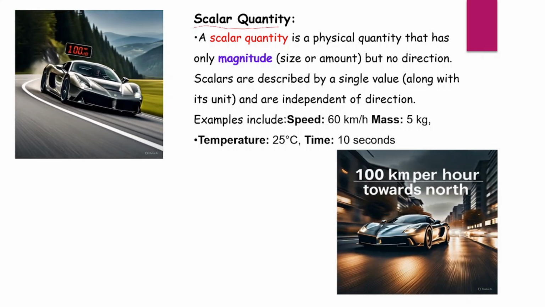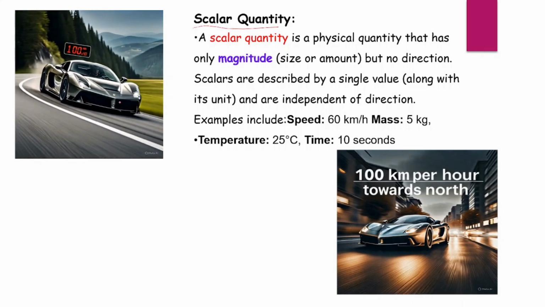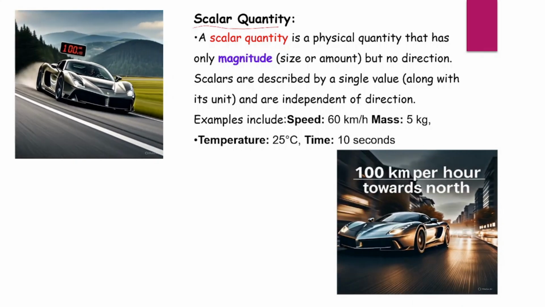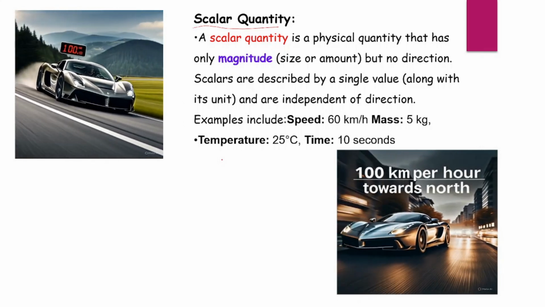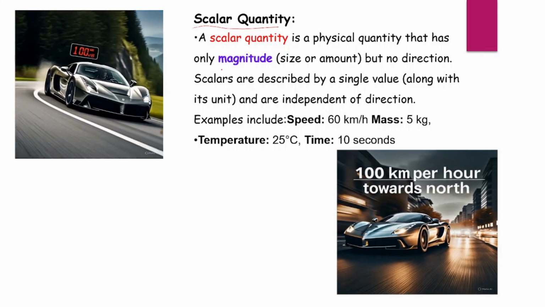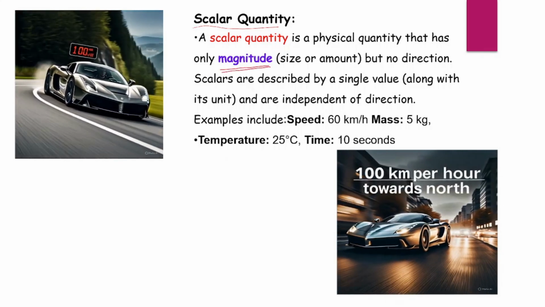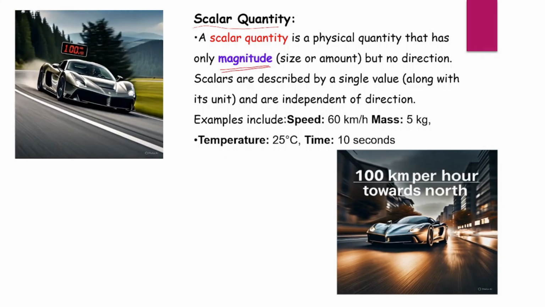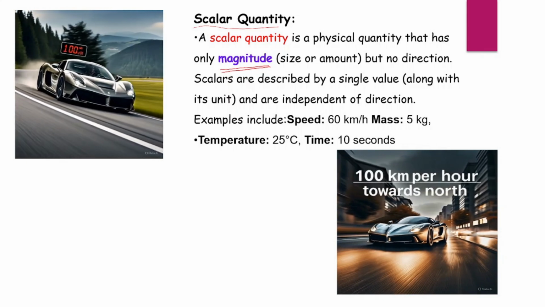In the first picture I said this car is moving with a speed of 100 km per hour, and this 100 km is the measure of the speed, isn't it? In physics we call this measure magnitude. Magnitude is the measure of something. It may be size, it may be amount, whatever it is. It is a physical quantity, that is the measure.